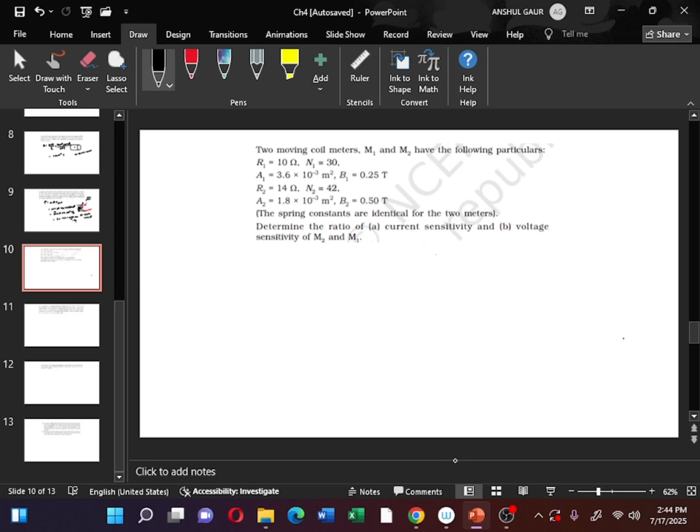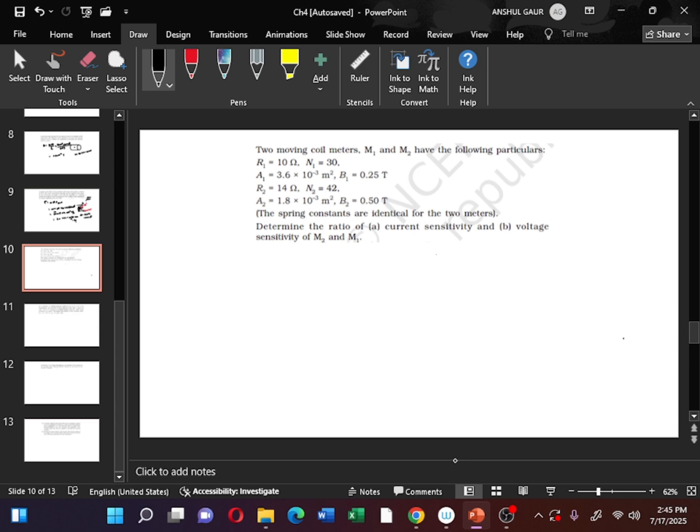Hello viewers, the question is: two moving coil meters M1 and M2 have the following particulars. R1 is equal to 10 ohms, N1 is equal to 30, A1 is equal to 3.6 into 10 to the power minus 3 meter square, B1 is equal to 0.25 Tesla, R2 is equal to 14 ohms, N2 is equal to 42, A2 is equal to 1.8 into 10 to the power minus 3 meter square, B2 is equal to 0.5 Tesla.